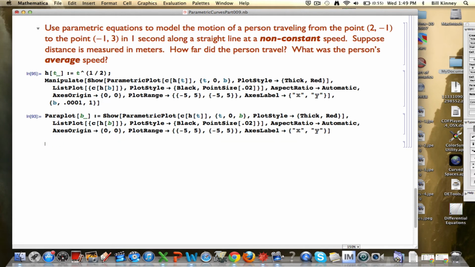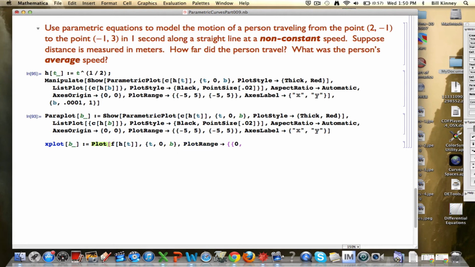I'm going to call another new command xplot of b. It is going to be a regular plot. Notice I'm just using plot here instead of parametric plot, of the function f of t with actually h of t plugged in for t. t will go from 0 to b. I'll choose a plot range here, different than the previous kinds of plot range I've used.